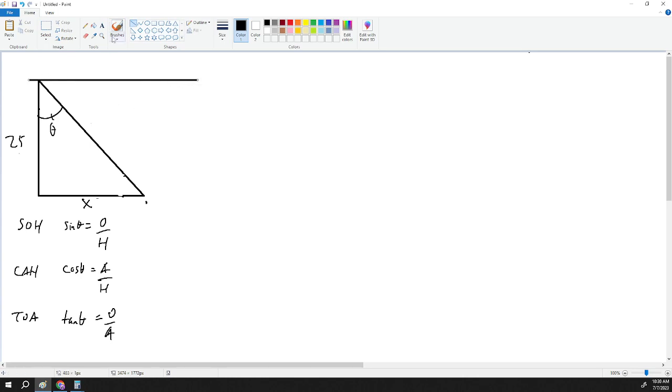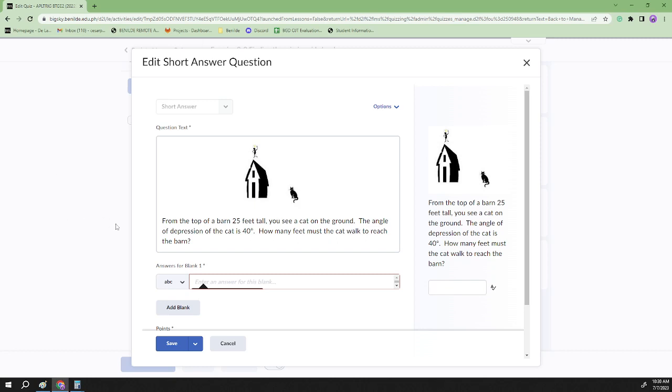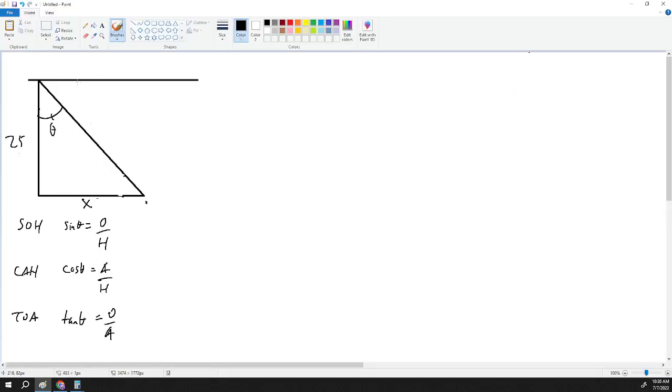Why? It is actually the angle of depression. This is our angle of depression of 40 degrees. So that means this angle is 50 degrees.